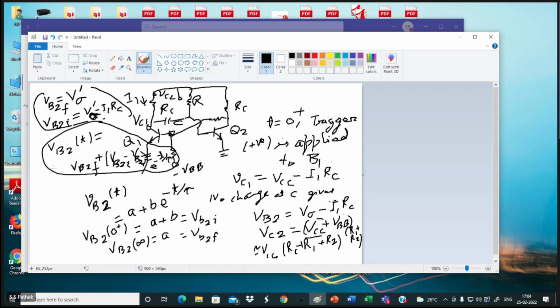So VB2I is V sigma dash minus I1 RC, VB2F is your V sigma dash. Now I write the equation and I have got a very beautiful equation. I can get the solution quickly. Shall I proceed? Anybody needing any kind of input here?